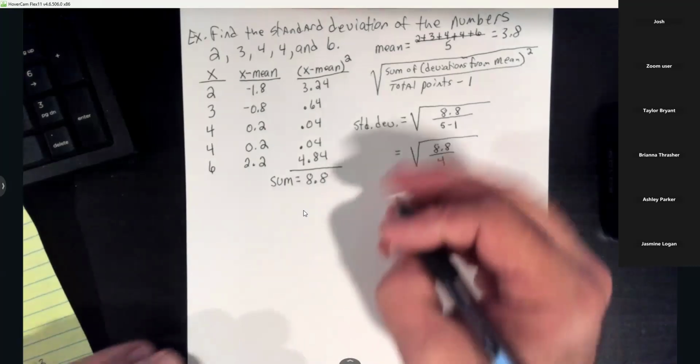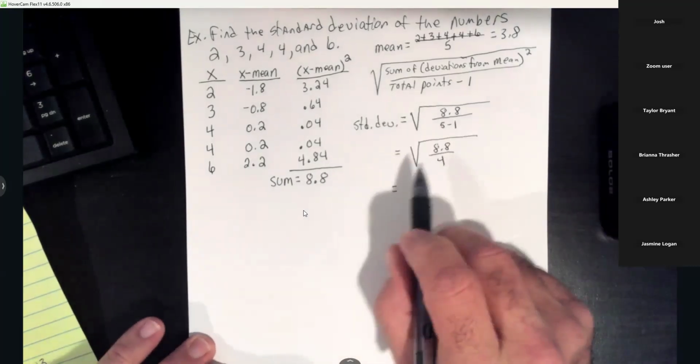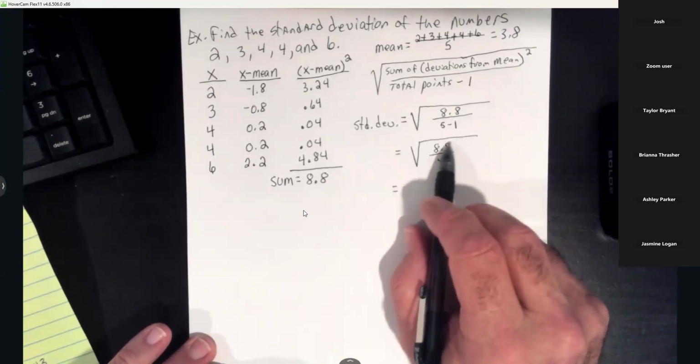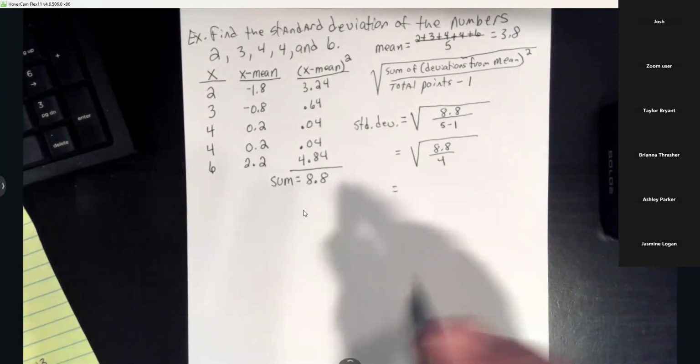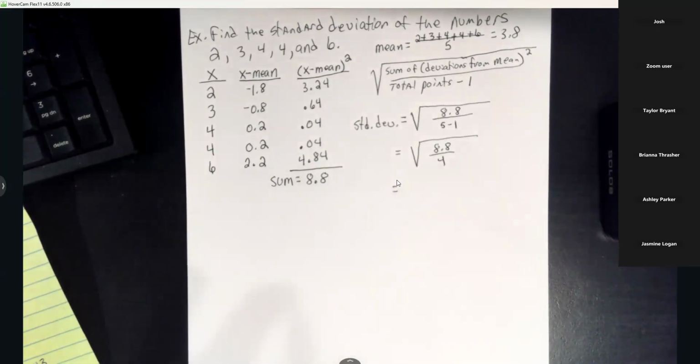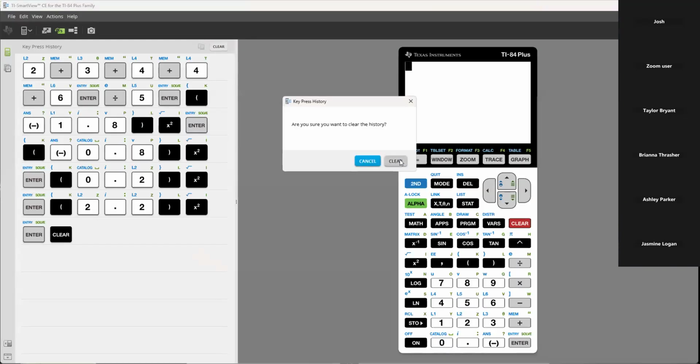So you can punch all that in at once, or you can do this part. You can do the 8.8 divided by 4 and then take the square root of that. Either way it'll work. Since I use a TI-84, let me show you how to do it all in one step. So I'm going to share that calculator. I'm going to clear everything off.